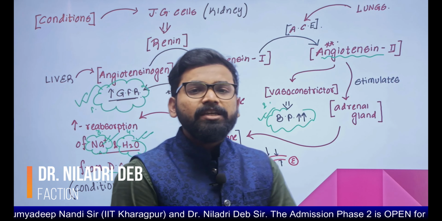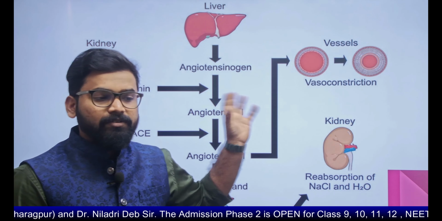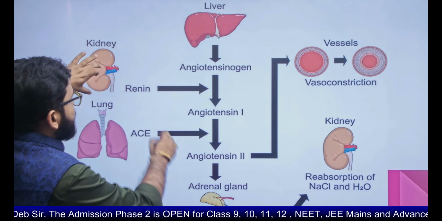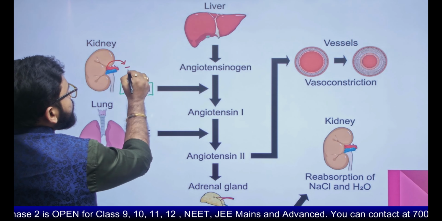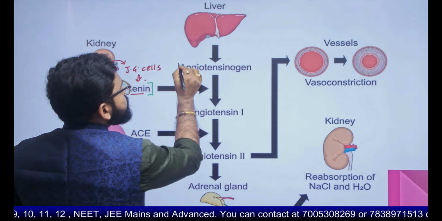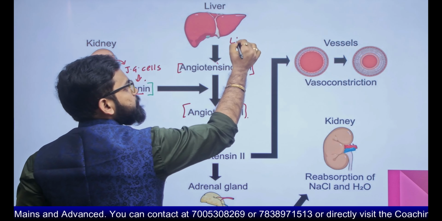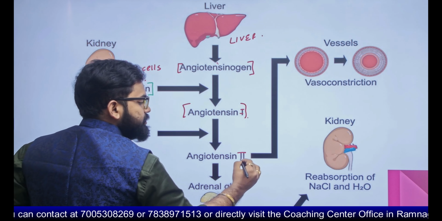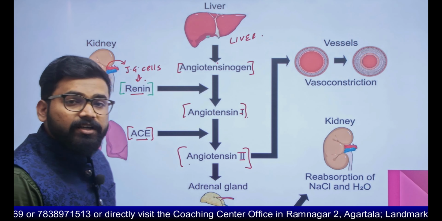This is all about the RAAS mechanism. You can also refer to this diagram. This is nothing but the one we have explained right now. This includes the kidney, which releases renin, which cells? The JG cells, juxtaglomerular cells. This activates angiotensinogen to angiotensin first. And where did angiotensinogen come from? It came from liver. Angiotensin first is converted into angiotensin second by ACE, that is angiotensin converting enzyme.